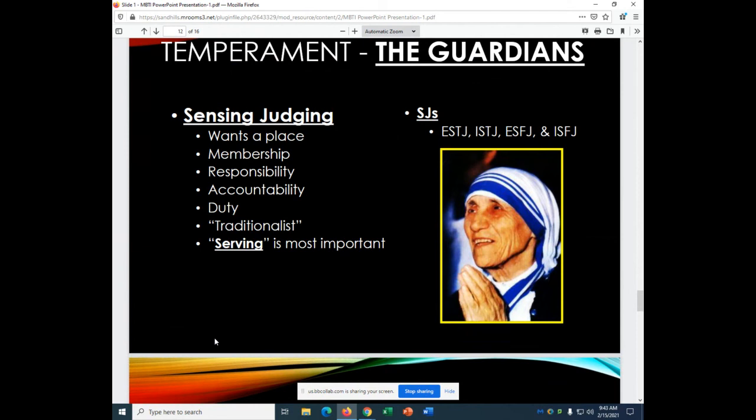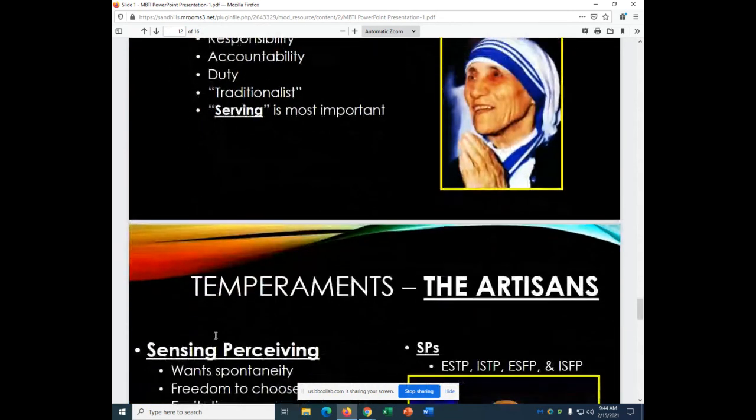You want to be accountable, but you have a strong sense of responsibility to a community, responsibility to others. You believe it is your duty as a human being to help others. Serving is what's most important to you. You want to serve others. Okay? So when you look at your letters, look and see what combinations you have.